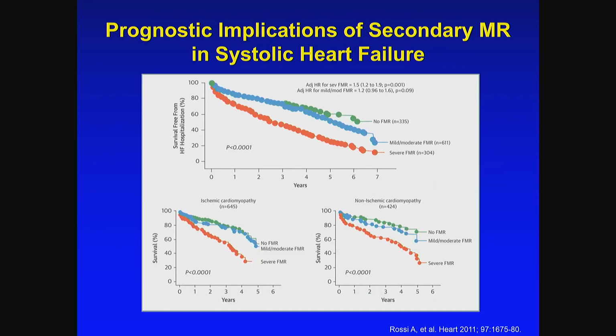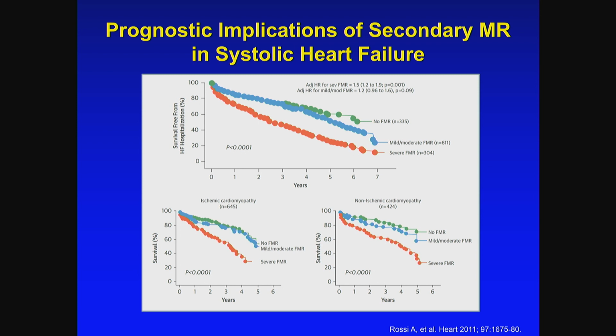That's reflected in these data that show the prognostic implications of secondary mitral regurgitation in systolic heart failure. If we stratify patients in green without secondary mitral regurgitation, in blue those with mild to moderate secondary MR, and in orange those with severe secondary MR, you can see that survival free from heart failure hospitalization is dramatically lower in severe functional mitral regurgitation.